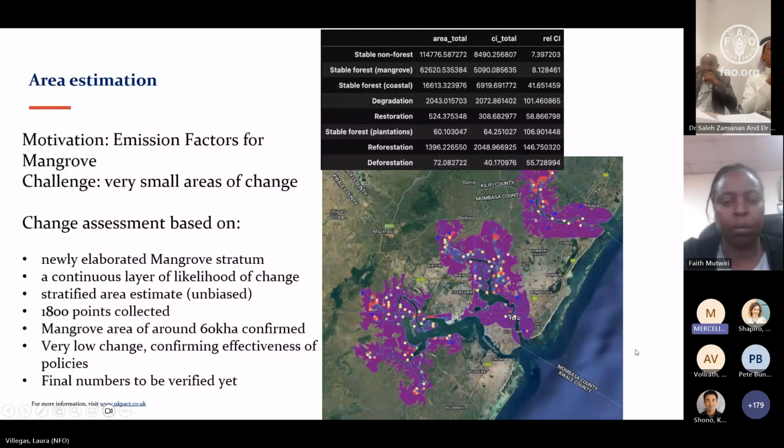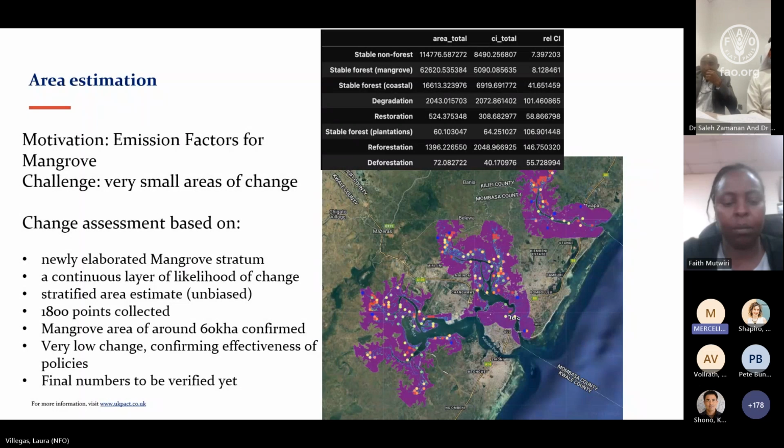And therefore, based on the change assessment from our results, we were able to have a new elaborated mangrove stratum, and then also a continuous layer of likelihood of change and a stratified area estimate, which is unbiased. And because I've talked about our area under mangrove being so small, we only had 1,800 points being analyzed or interpreted.